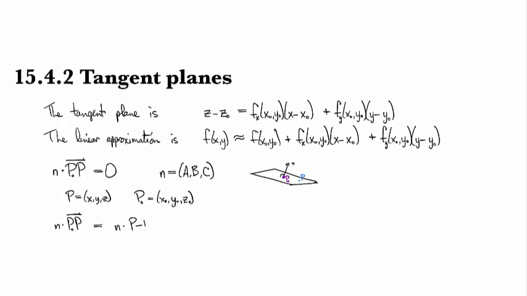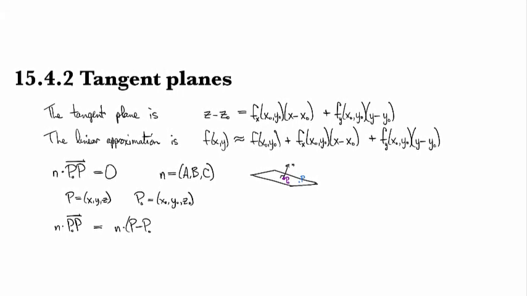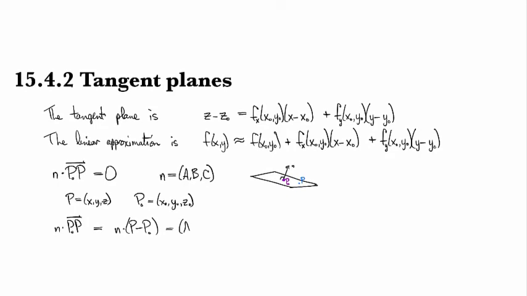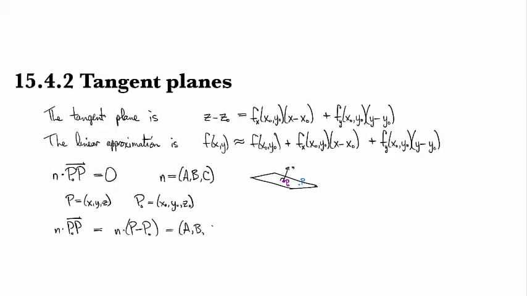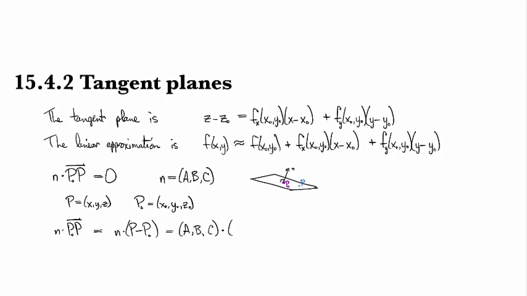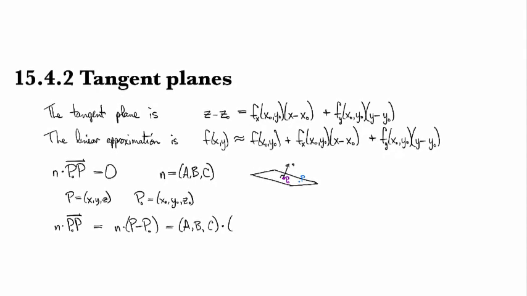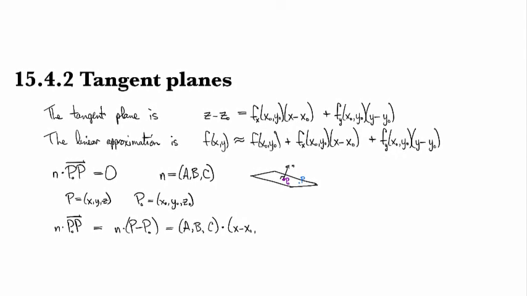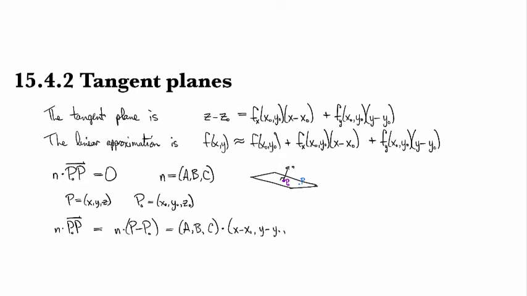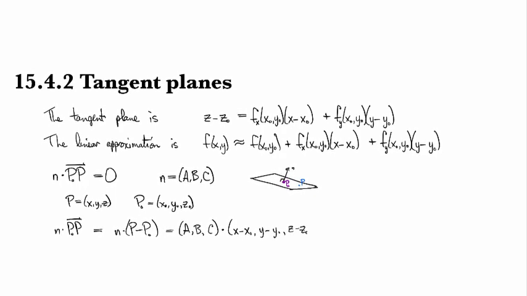So this is P minus P naught, or a B C dotted with, and then P minus P naught is X minus X naught, Y minus Y naught, Z minus Z naught.